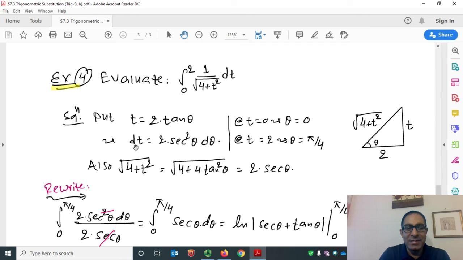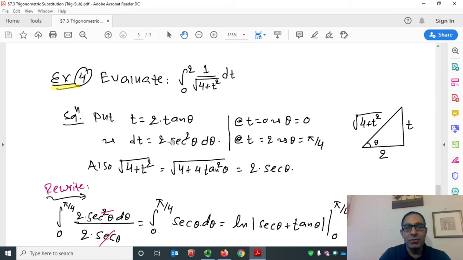Then the derivative of t is dt, derivative of tan theta is secant squared theta, 2 as it is. And in my right triangle here, we put tan theta equals t over 2. That means t is my perpendicular, 2 is my base, then my hypotenuse must be radical 4 plus t squared using the Pythagorean theorem.